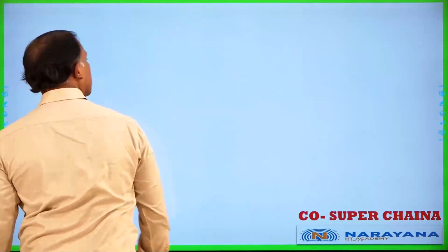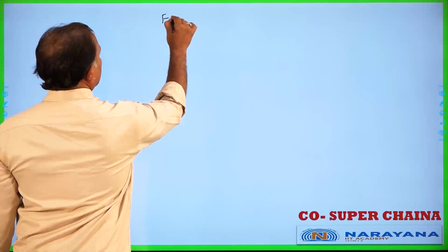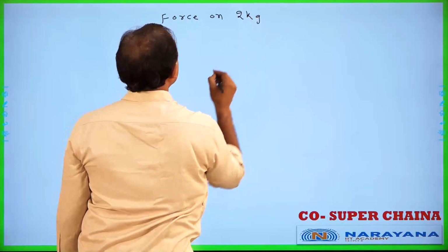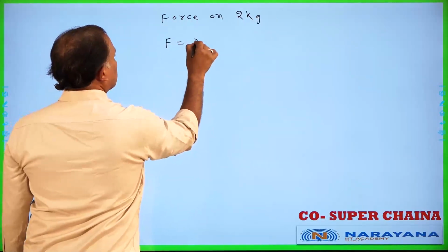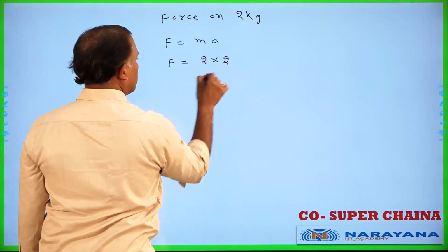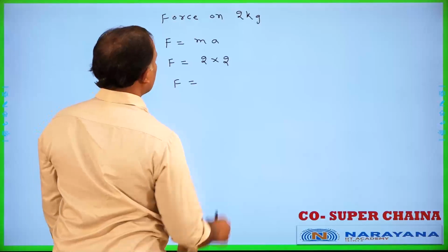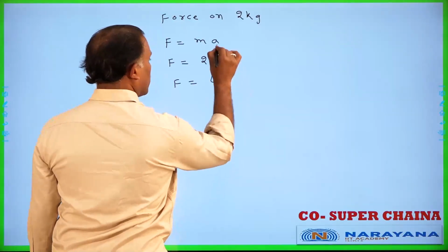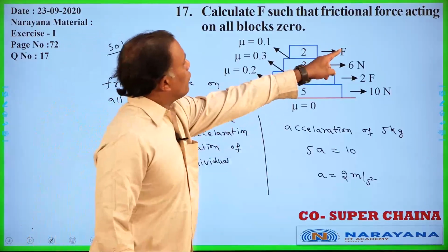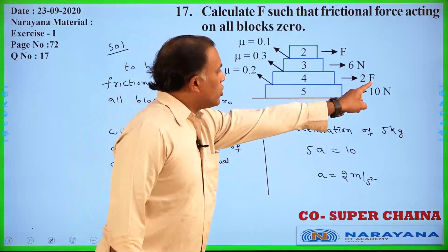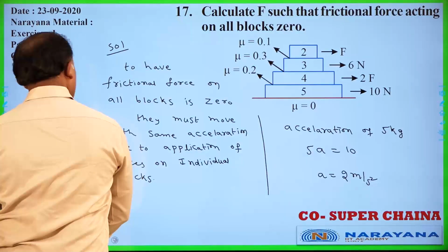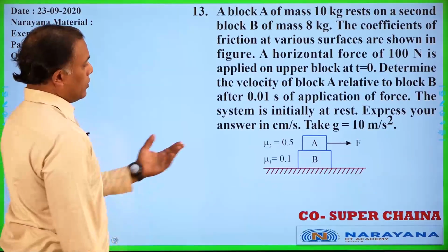F is equal to ma, so F is equal to 2 into 2, so F is equal to 4 Newton. If F is equal to 4 Newton must act here, then 4 into 2, 8 Newton must act here. So thereby we can get the required answer. That is the solution for that.